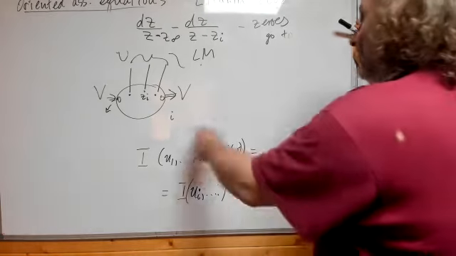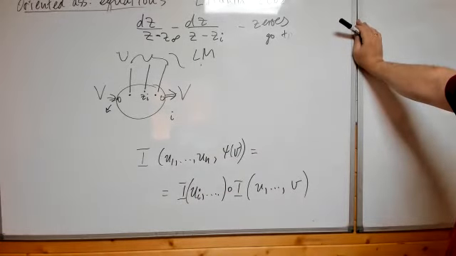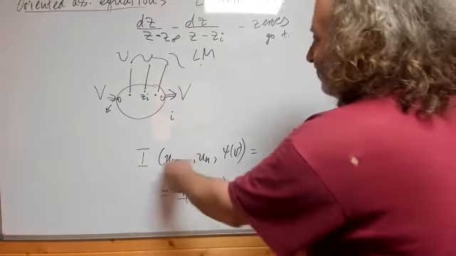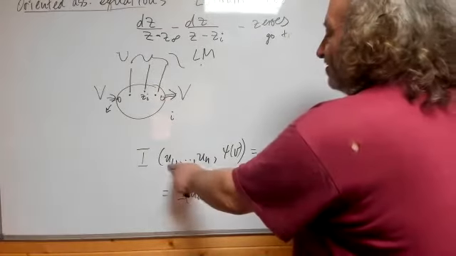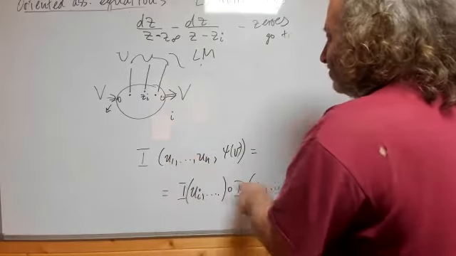Now let us see what happens if you consider one U, two U's, many U's.